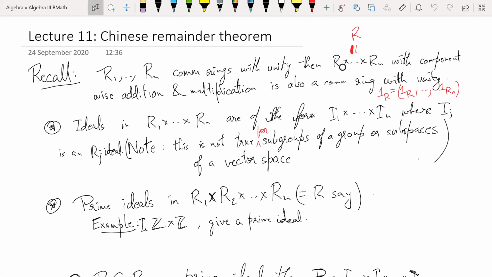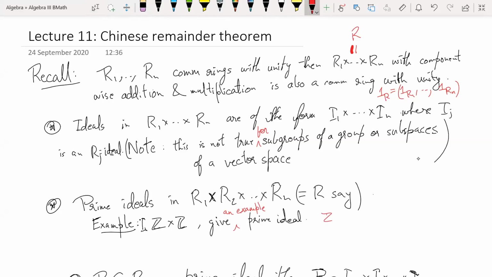For instance, in Z cross Z, a product of two rings, one is Z and the other one is also Z. Give an example of a prime ideal here. Z cross 0, okay. Yes, Z cross 0 is a prime ideal.